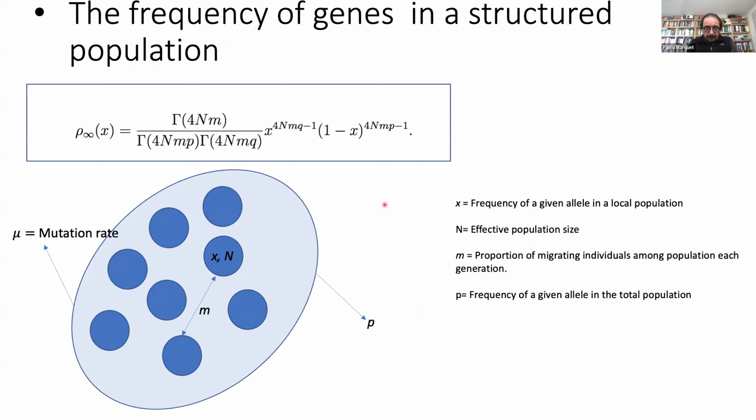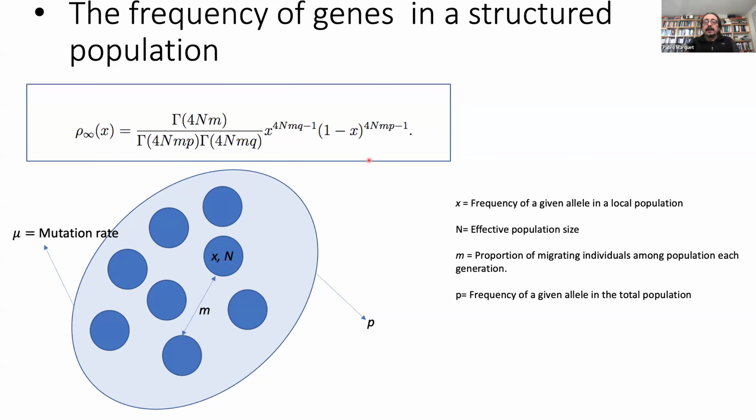So the theory that especially Sewall Wright and Kolmogorov developed was to show that if you have a frequency of a given allele in a total population, which is P, and this population is spatially structured in little subpopulations, the frequency of a given allele in a local population, under mutation and migration, will eventually be described by this invariant distribution here, which is a beta distribution.